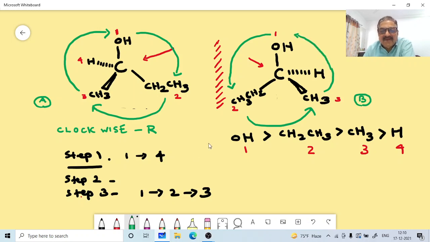Okay, so we are tracing the circle here now from priority group 1 to 2 to 3. So this is in the counterclockwise direction. I will remove all these things here.